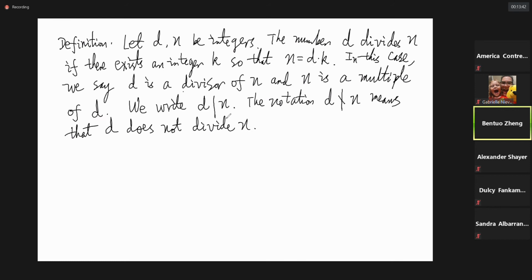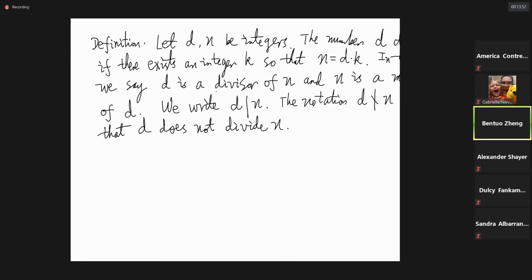Okay, so there are some simple properties for divisors. So this is the theorem. Divisibility properties.